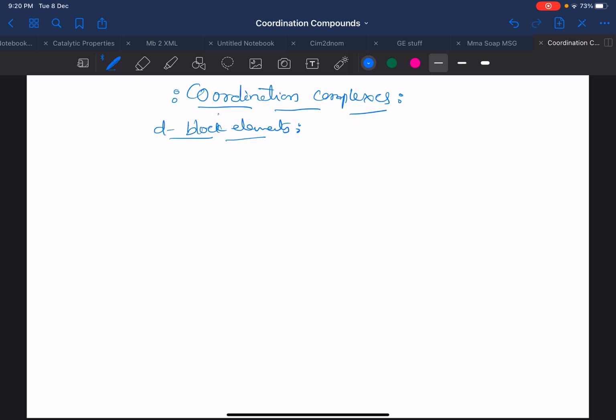Before going to the coordination complexes, what are the main concepts involved in them? First one is the differences between a double salt and a coordination compound.